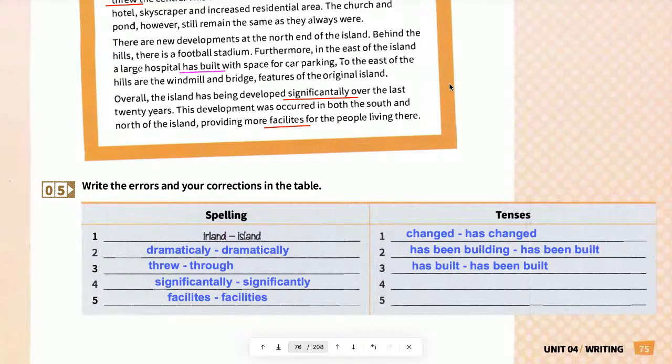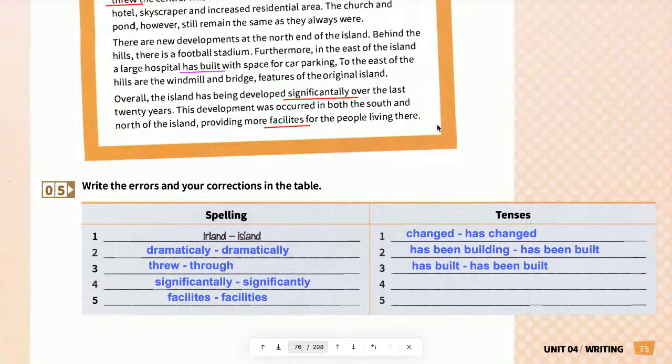Opposite straight. What else? We need 2 more. Last paragraph. Yeah, "has being" is wrong.